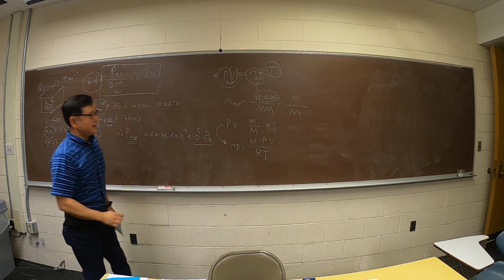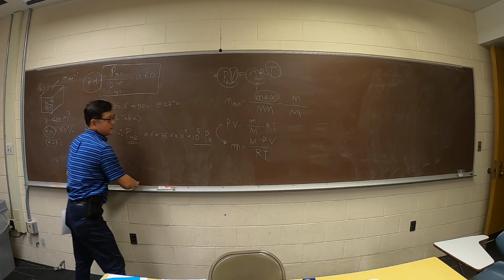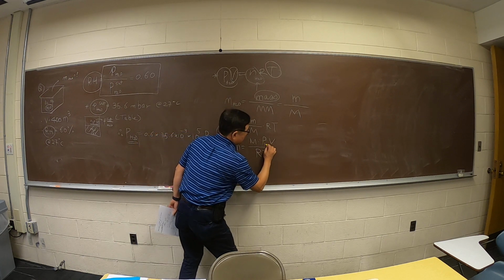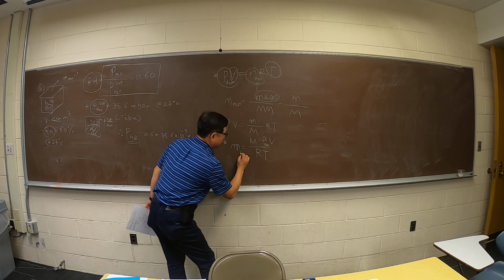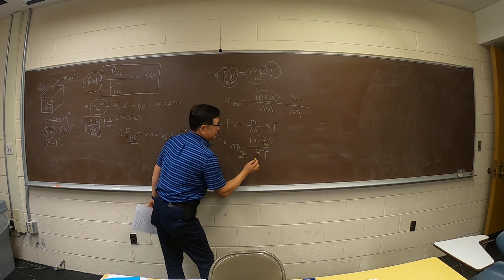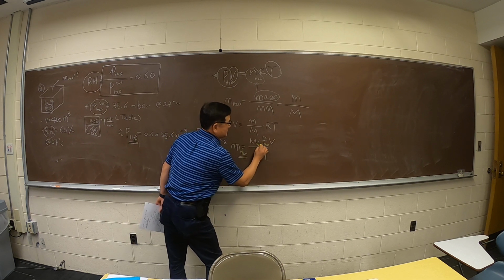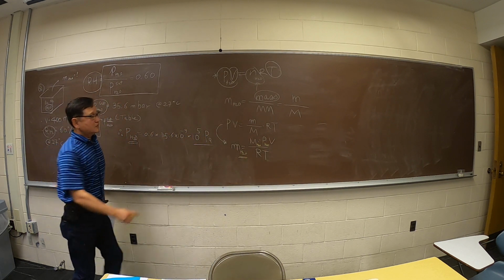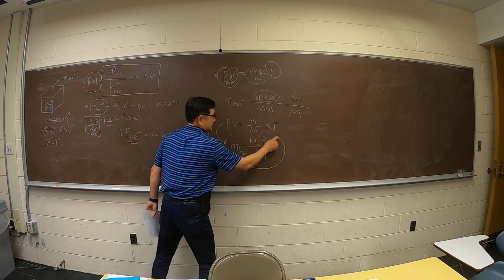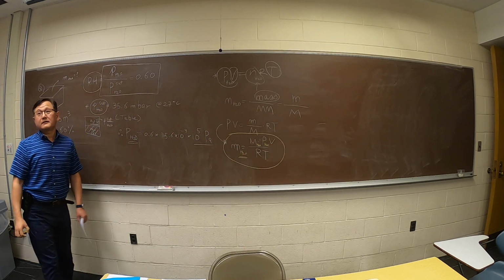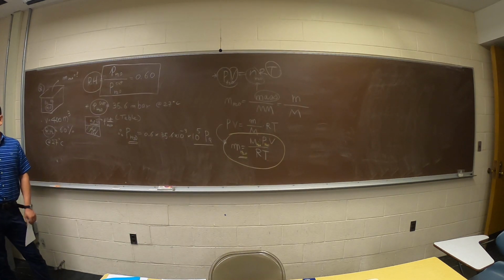So I think that I got my whole information. This is the pressure of H2O. So that's the mass of H2O. And then this is the molar mass of H2O. So this is the kind of variation of the ideal gas law, and then I just have to plug the numbers.